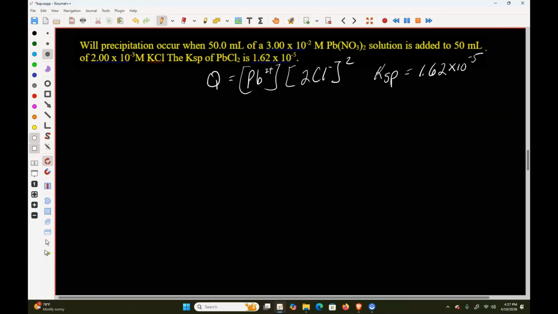First thing, let's find our moles of lead-2. So I have 3.00 times 10 to the negative 2 moles of lead-2 per liter.